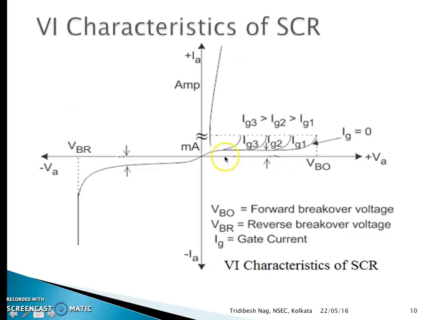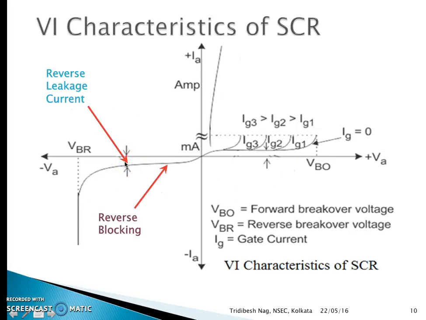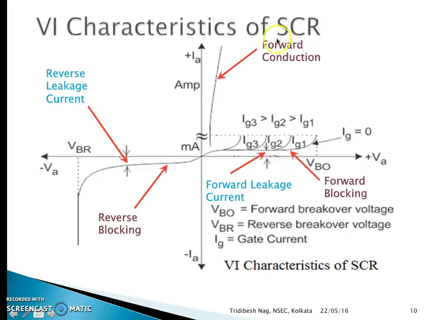Now you see this part, this is the reverse blocking part, and this amount of current is the reverse leakage current. This part 0 to VBO is the forward blocking, this is the forward leakage current, and this is the forward conduction part.